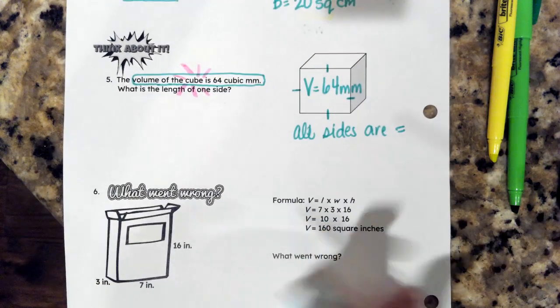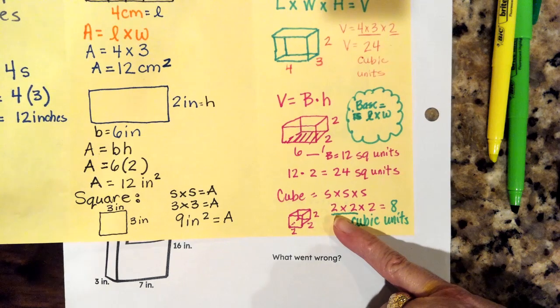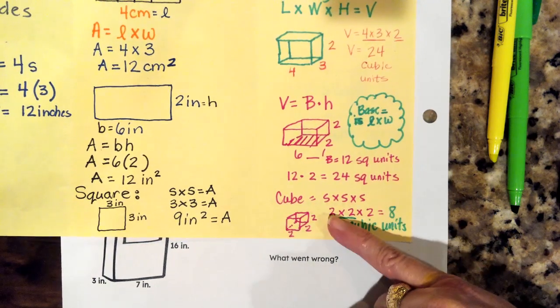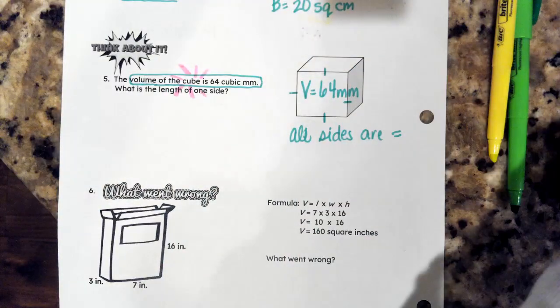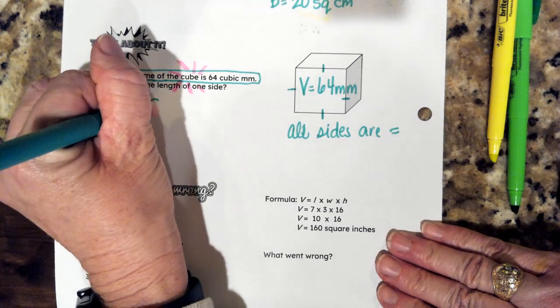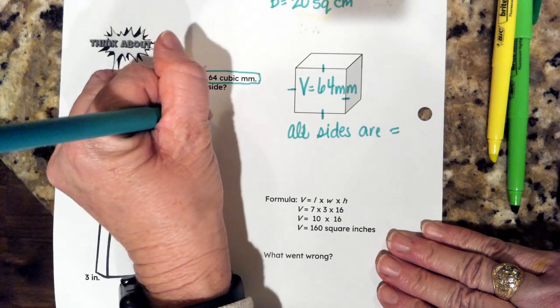I have to stop and think about what is the formula for a cube. So when I go back and look at my paper for the cube, I see that we have side times side times side. And one reminder is whatever number I pick, it has to be consistent. So I'm going to start with side times side times side equals 64.